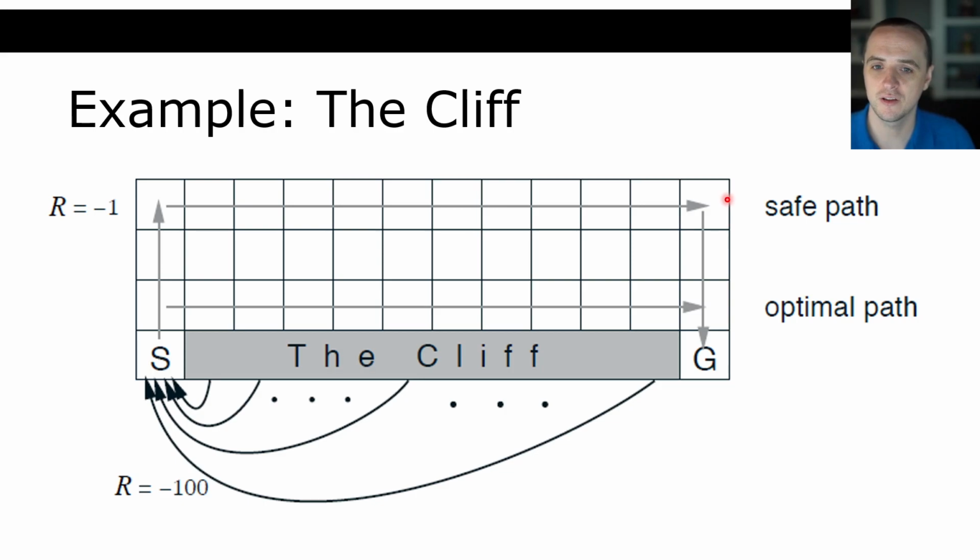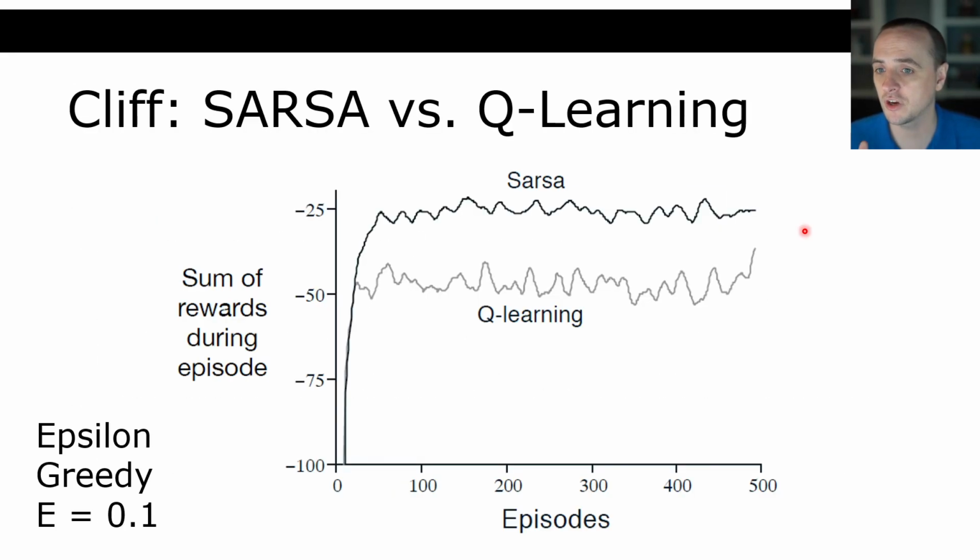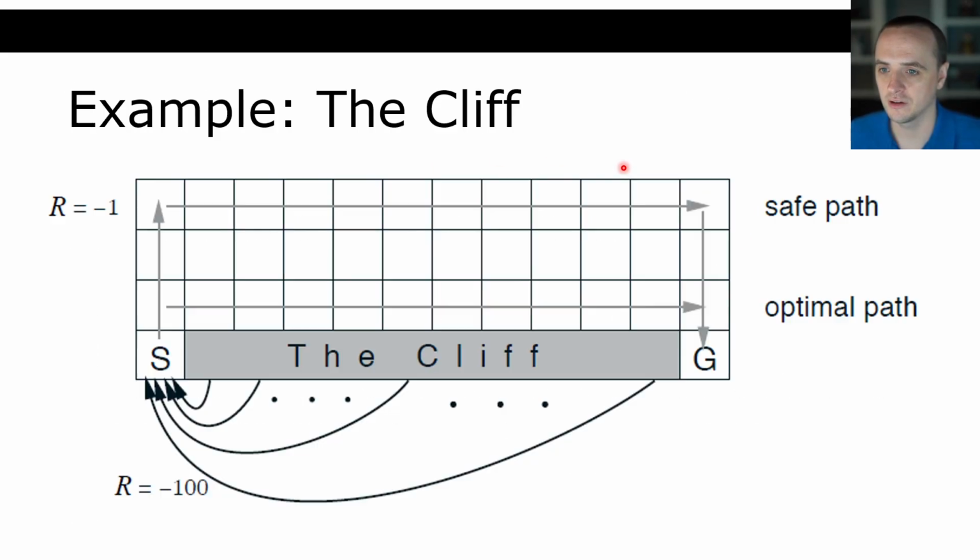So if we take the policy generated by SARSA, it's going to be worse overall than the policy generated by Q-learning. But look at this graph. The online performance during training of SARSA is better than Q-learning. Why is that? We just said Q-learning is going to produce a better final policy, but during training, you're still using epsilon-soft policies.